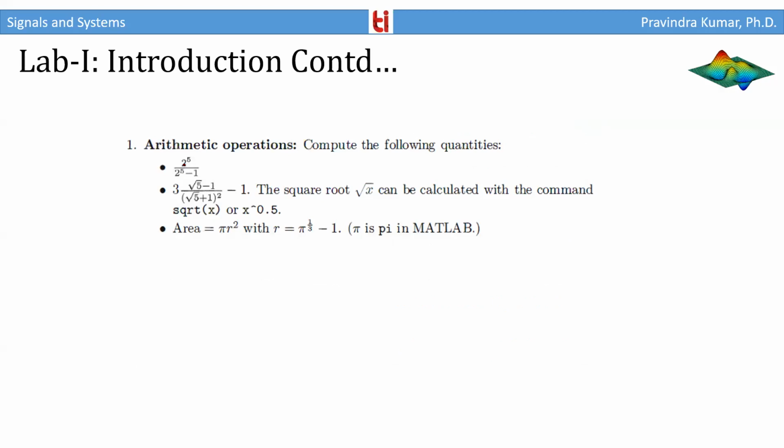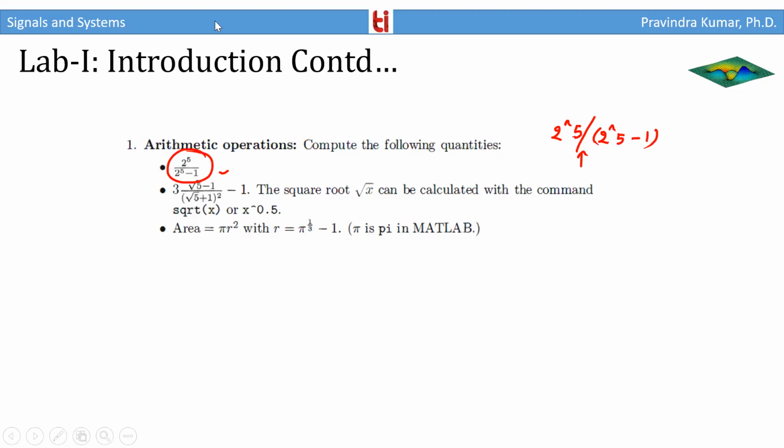Example first, 2 to the power 5 by 2 to the power 5 minus 1. This is the expression you have to write in MATLAB. So you can write in MATLAB 2 to the power 5 divided by 2 to the power 5 minus 1, like this. If you write this expression in MATLAB like this, because divide is given by this symbol.